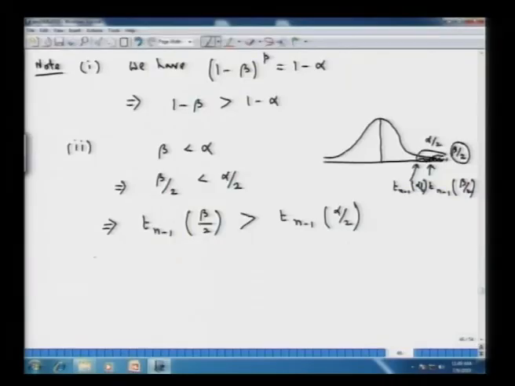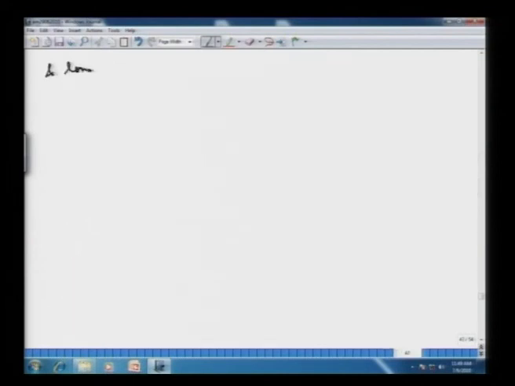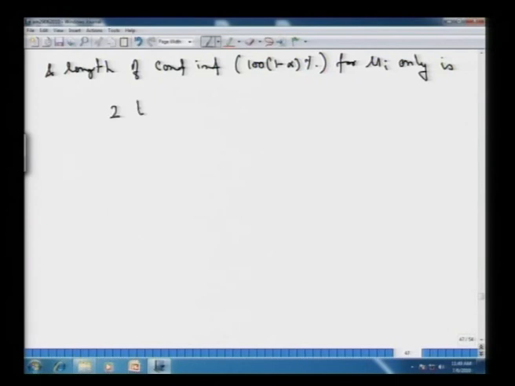The length of I that we have already constructed is given by 2 times T n minus 1 beta by 2, times S I by root n, right, and the length of the 100 into 1 minus alpha percent confidence interval for mu I only is going to be given by similarly 2 into T n minus 1 alpha by 2, and the multiplier is exactly the same as this.